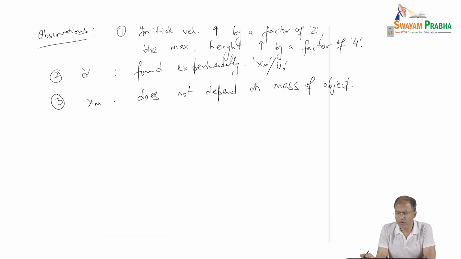And this is also the reason that it is fair to assume that even a heavy ball or a light ball, when thrown under the action of gravity, will all arrive at the same vertical distance at the same time.